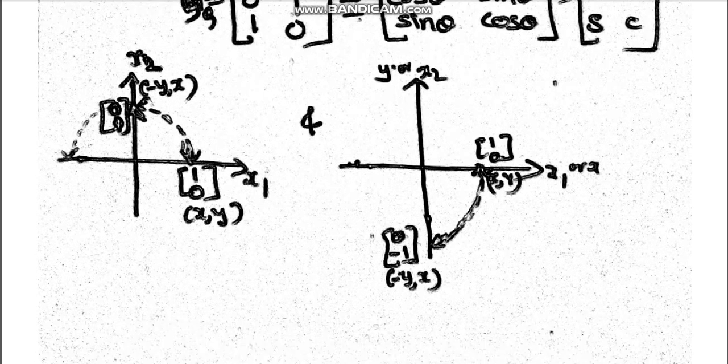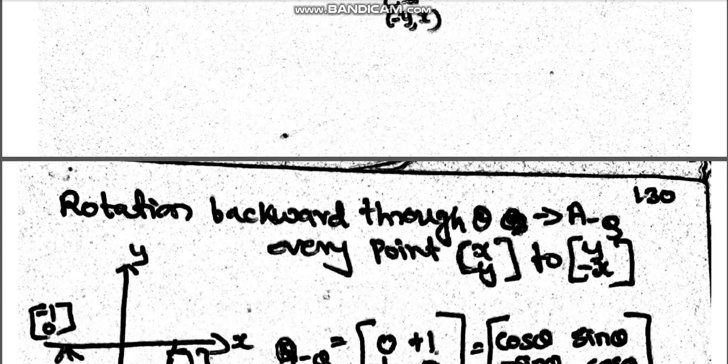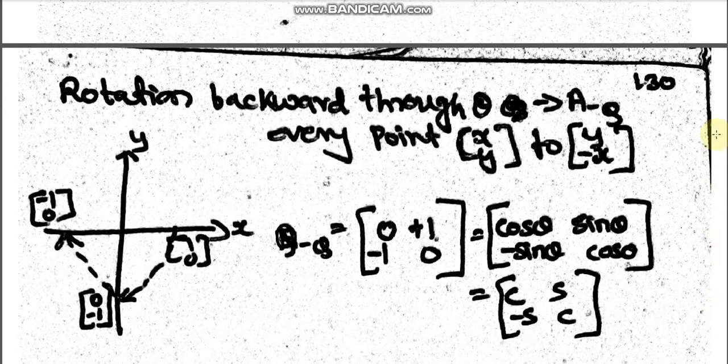The same matrix can be developed for the backward, that is the clockwise direction. We'll call it minus q, and for minus q you can see what happens here. We are going in the reverse direction. (1, 0) is being transformed to (0, minus 1), and (0, 1) is being transformed to (1, 0).